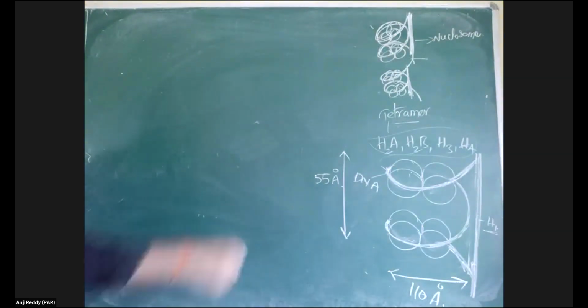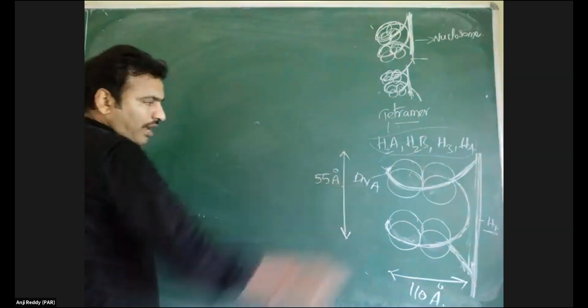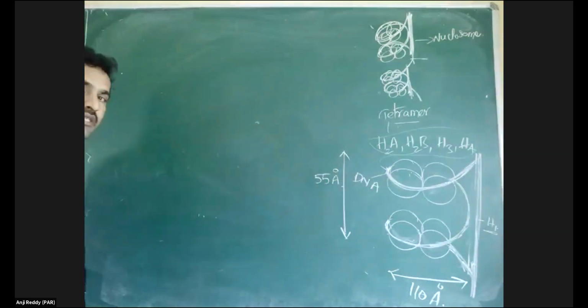The histone proteins are wrapped around by 2 coils of DNA. The length of DNA is 146 base pairs, and between the 2 octamers there is a linker DNA that has 54 base pairs.